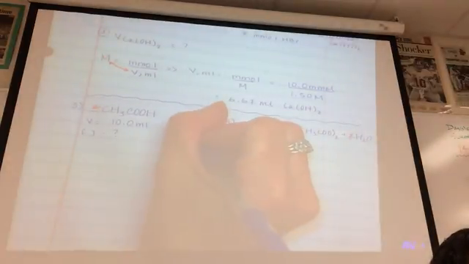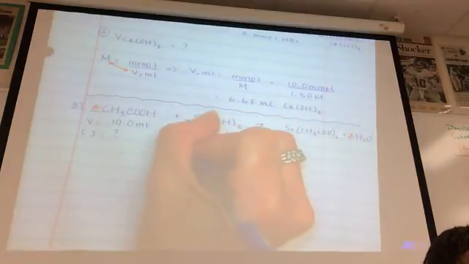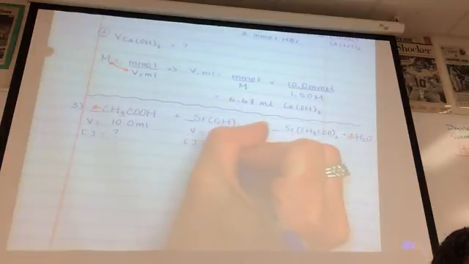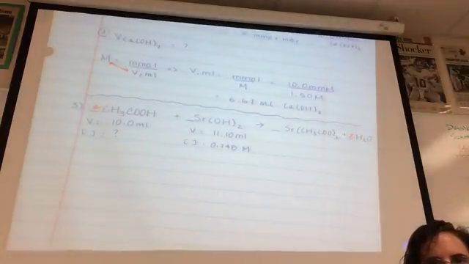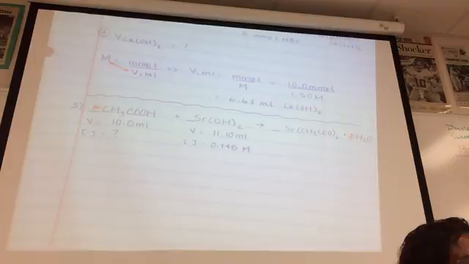The volume of the strontium hydroxide is 11.10 mL. And the concentration is 0.748 molar. Okay? And we're going to give this one a try.